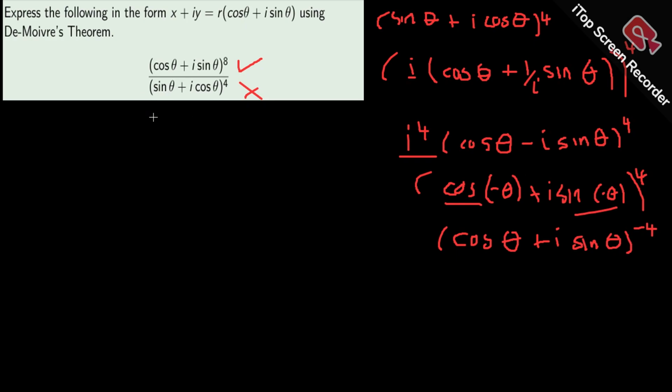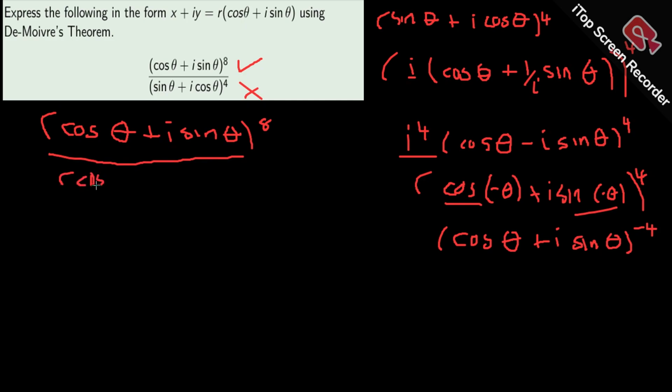You can finish it up. What are we going to do now? We know that this is the numerator that we have, and that is raised to the power 8. And the denominator that we have is cos theta plus i sine theta, raised to the power negative 4.